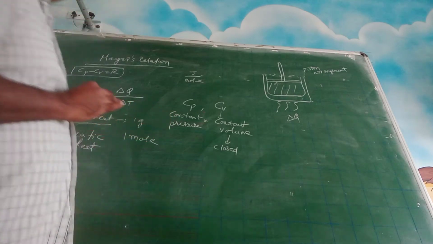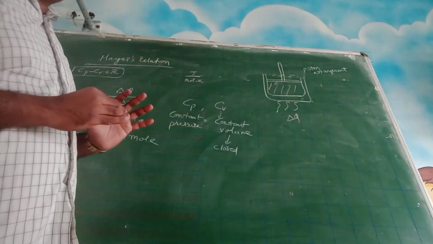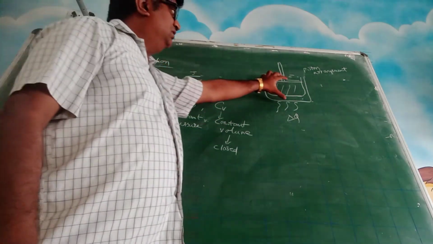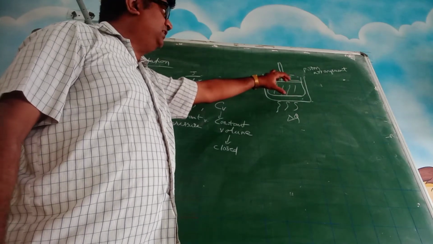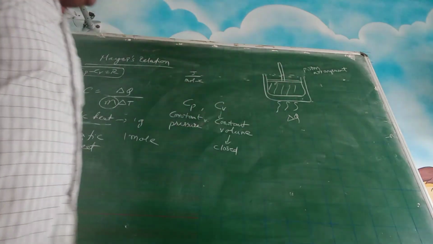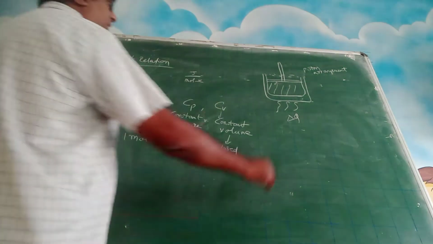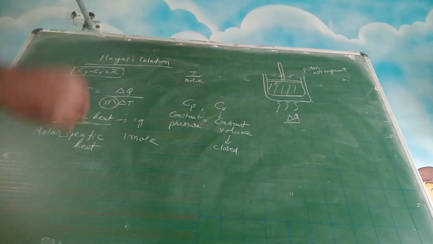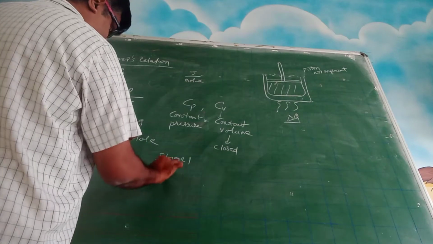Immediately the lid doesn't rise. Initially the heat is used for heating the content inside, and after that the lid is pushed upwards. So this heating process can be analyzed in two stages, stage 1 and stage 2.